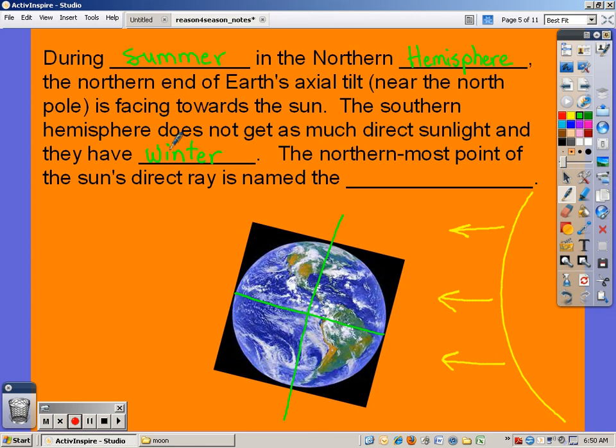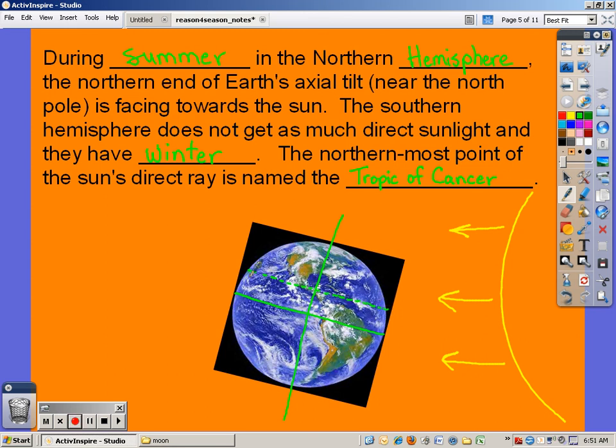The northernmost point of the sun's direct ray is named the Tropic of Cancer. And the Tropic of Cancer is about right here.